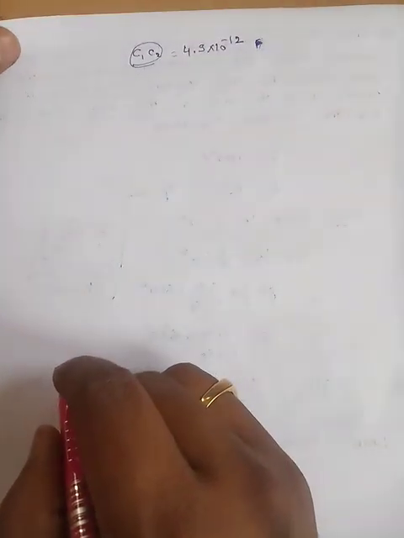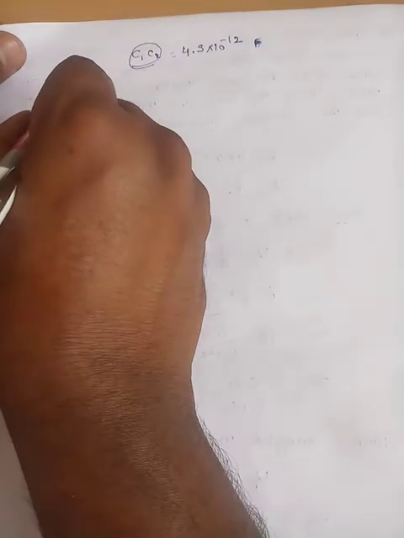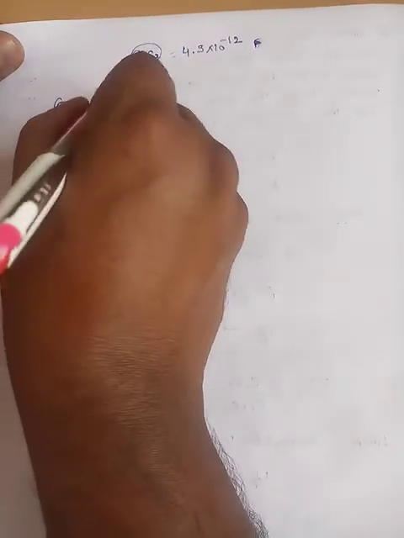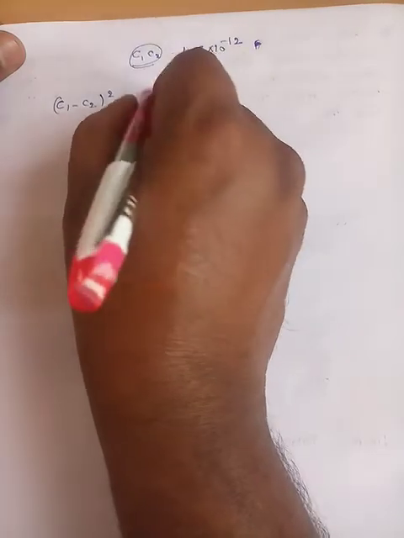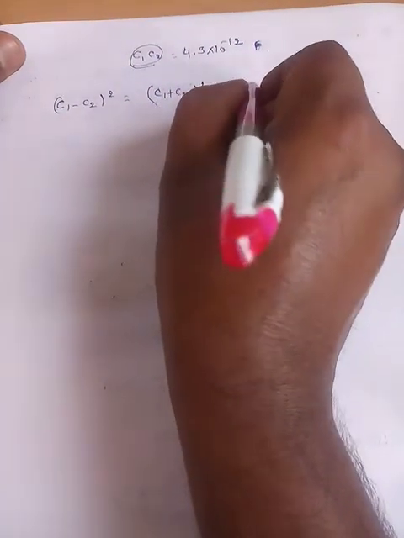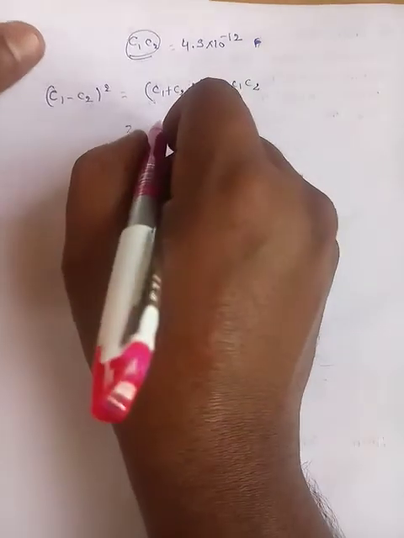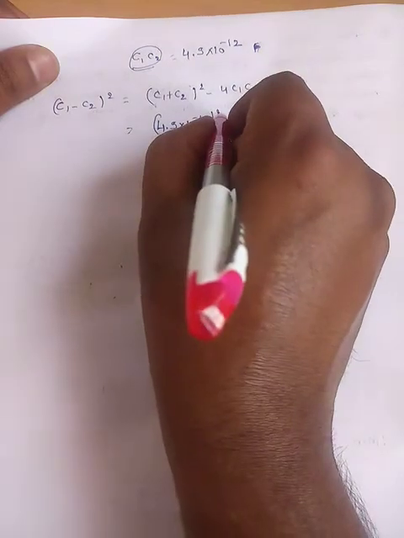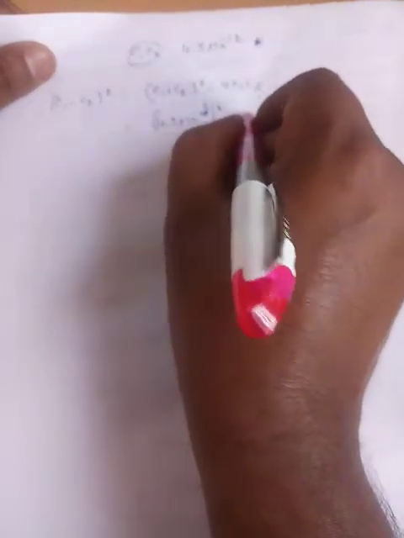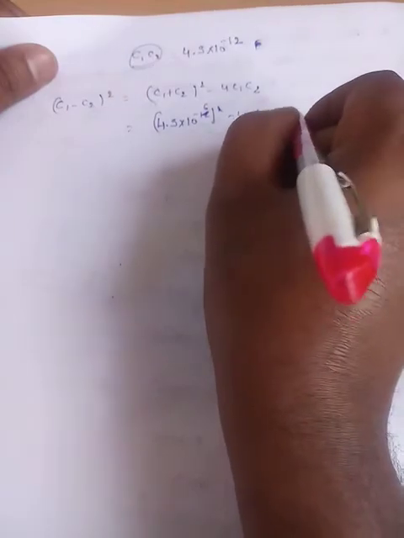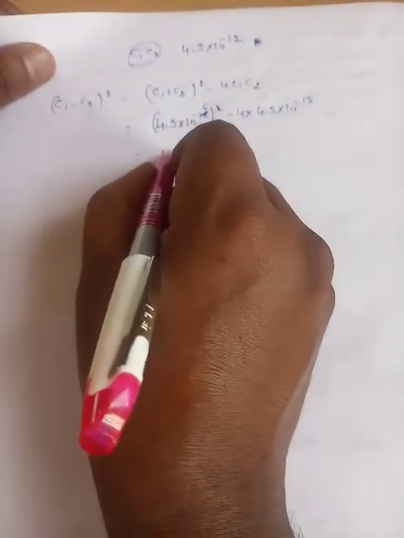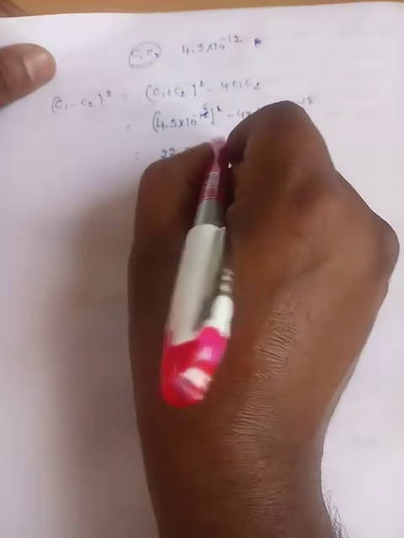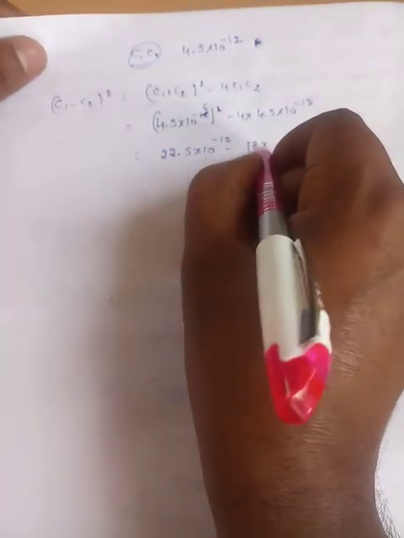Now we know C1 C2 and we know C1 plus C2. So we can get C1 minus C2 whole square equals C1 plus C2 whole square minus 4 C1 C2. C1 plus C2 value is 4.5 into 10 raised to minus 6 whole square, minus 4 into 4.5 into 10 raised to minus 12. If you square this one, you get 20.25 into 10 raised to minus 12, and this is 18 into 10 raised to minus 12.